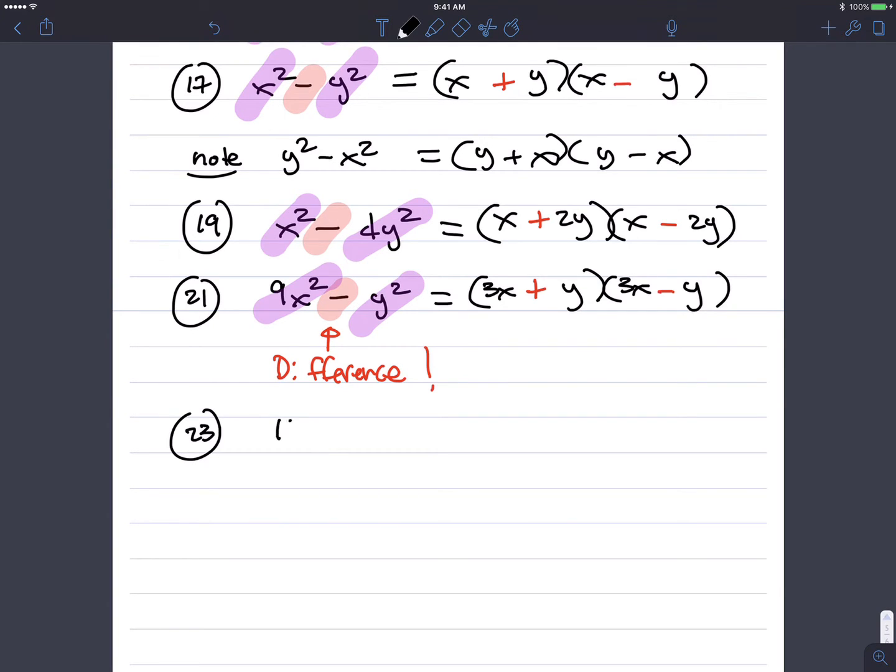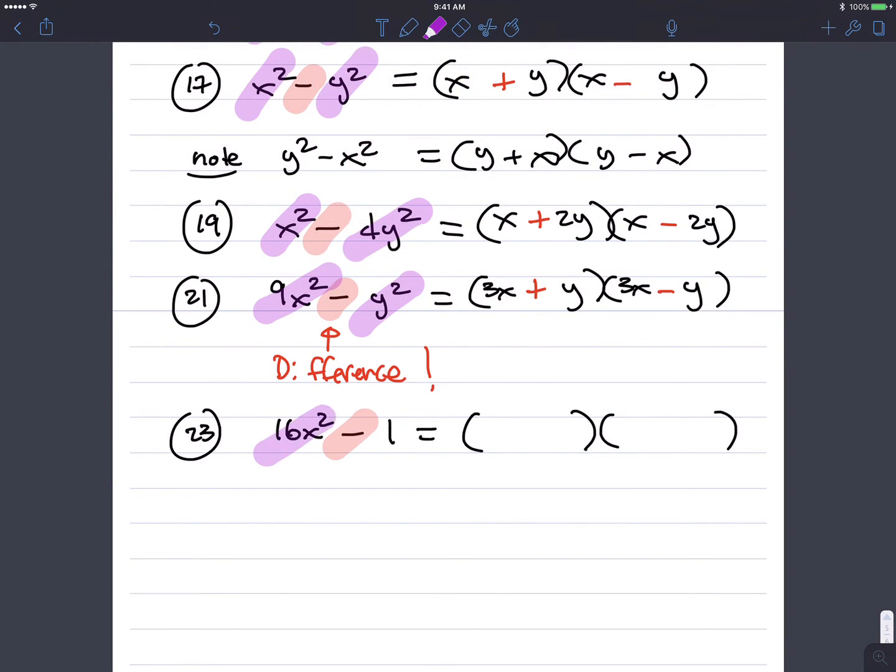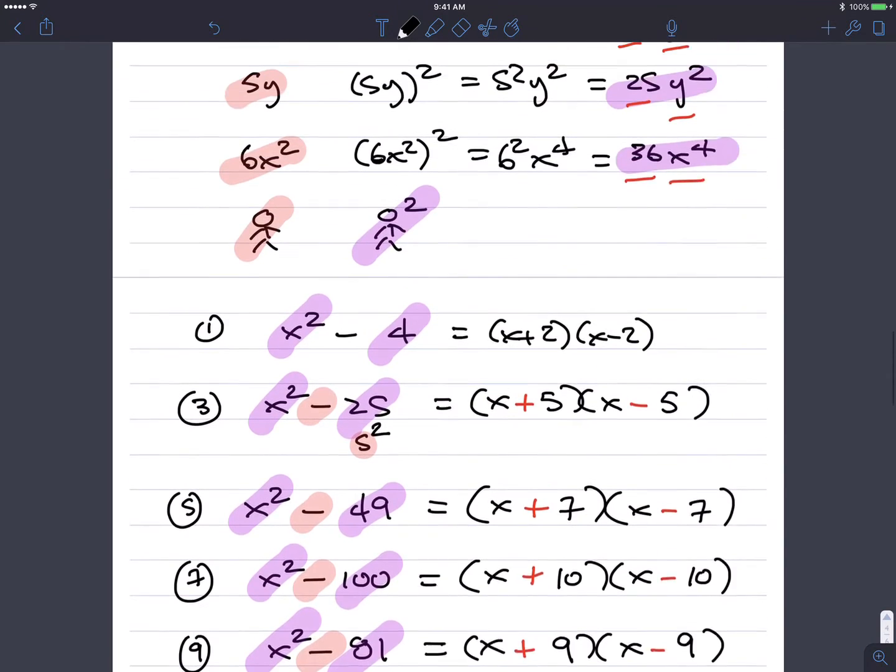Number 23, 16x squared minus 1. Okay, so I'm going to have here a difference, and then I'm going to have what? The perfect square is 16x squared, by the way. 1's a perfect square. Let's double check. 16x squared on the list?